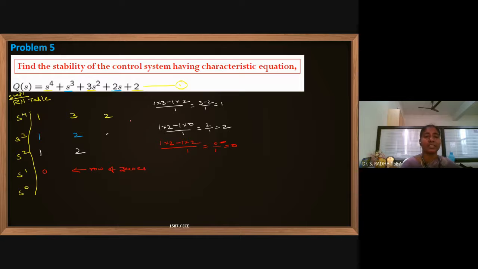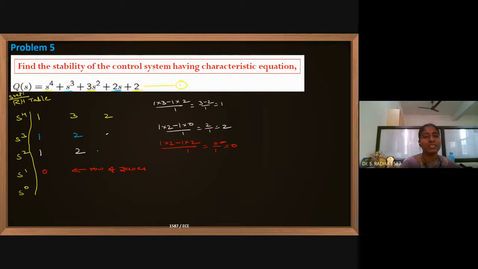If the given characteristic equation is very big, like s power 7, s power 6, s power 5, a lot of coefficients will come, and you can find more zeros. But in our question only one 0 came, and the row itself has only one element. So we cannot say it is a first element 0 in the row. It is a row of zeros.